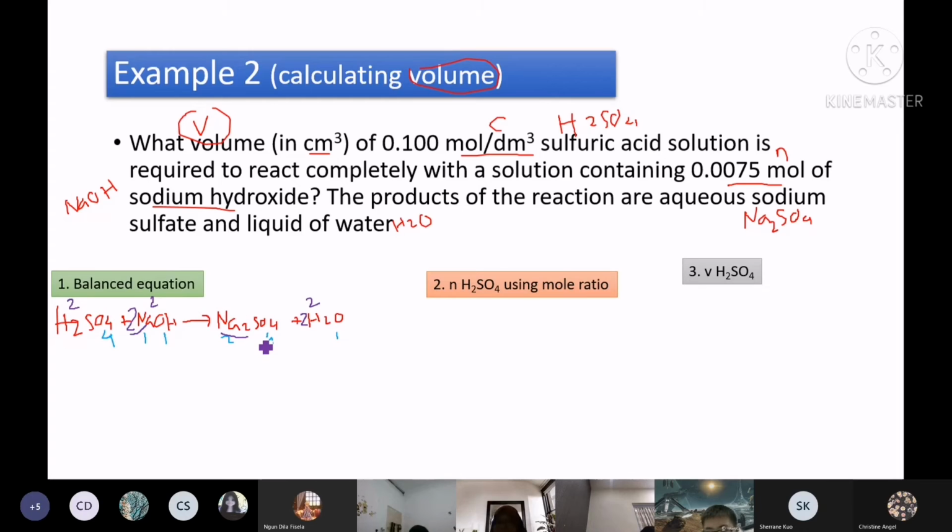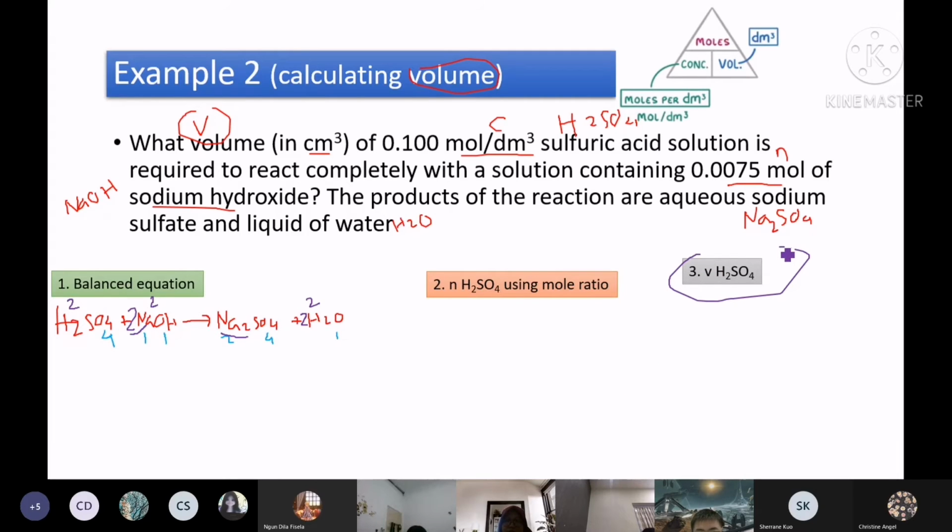And then the question asks for the volume of sulfuric acid. Yeah, we need to know the volume of sulfuric acid. Remember the equation involving concentration, mole and volume. To calculate volume, what is the formula? It is mole over concentration.